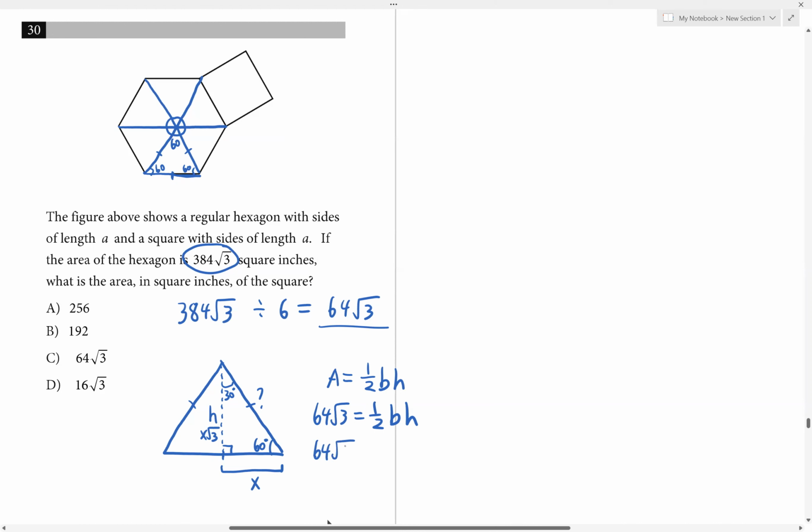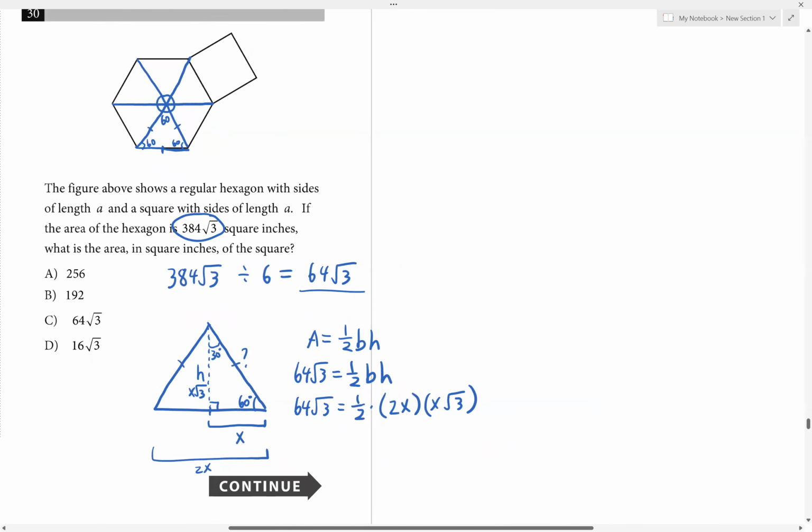The area, 64 square root of 3, equals 1/2 times the base. We have to use the base for the whole triangle, which is 2x, so don't miss that, because the half side is x. The height is x times square root of 3.